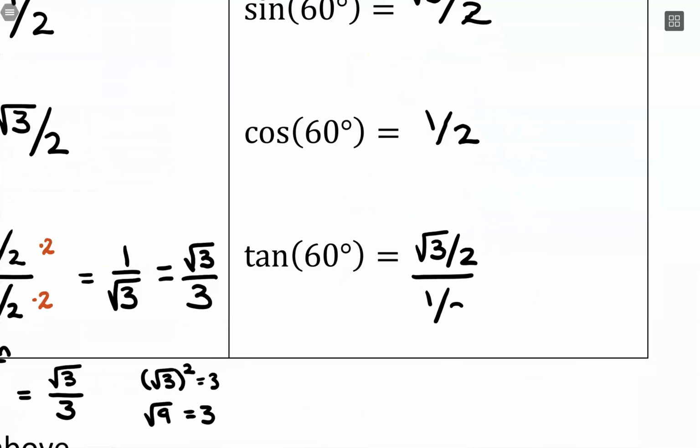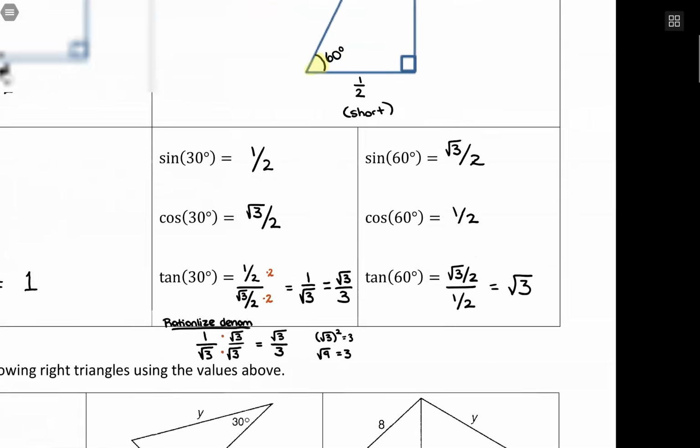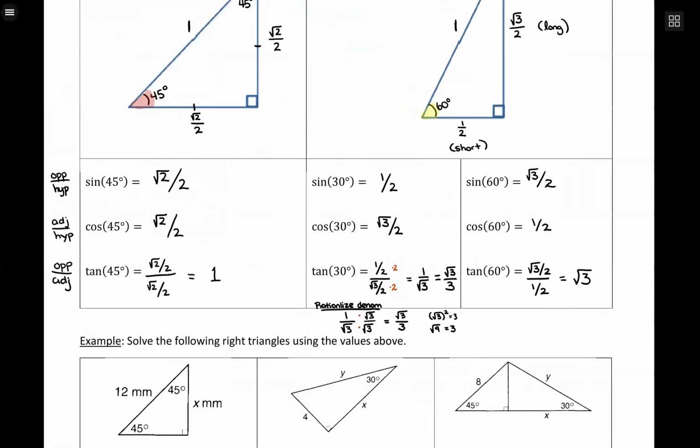over 1/2. And you can think of this as multiplying by 2 in the numerator and denominator. Really, when they're the same, they just go away. So really, this is the square root of 3 divided by 1, which is just the square root of 3. Okay, so what this gives us are some exact values. If I need to know what the sine of 30 degrees is, it is always 1/2.